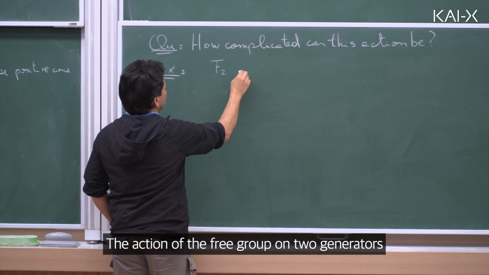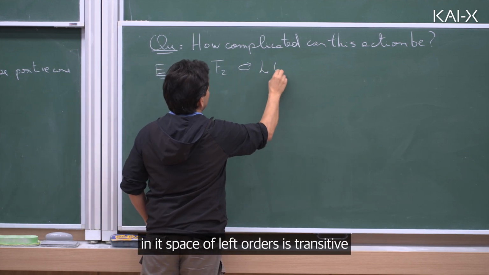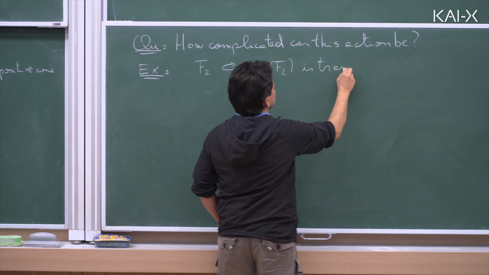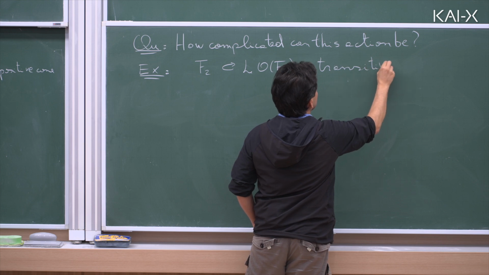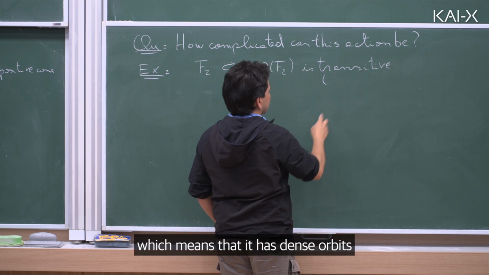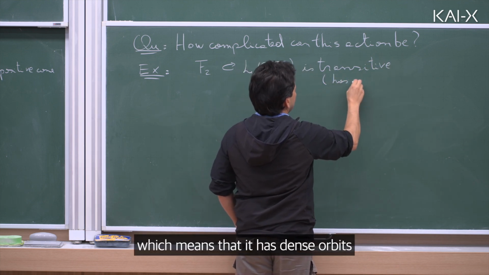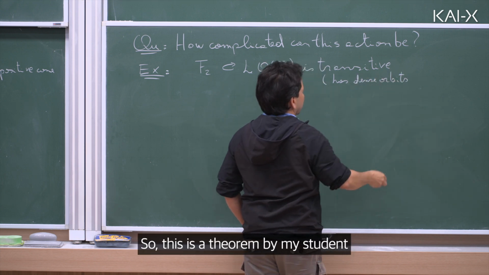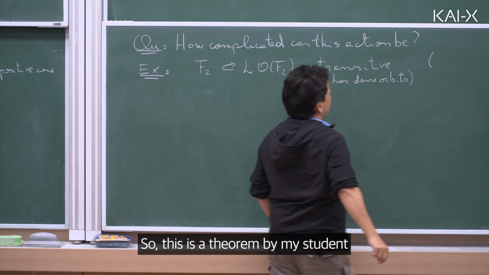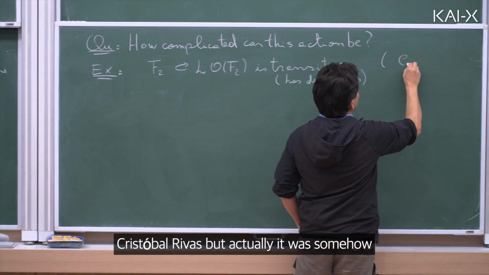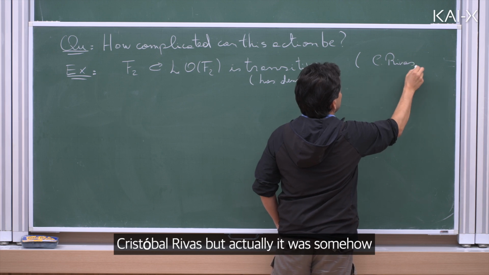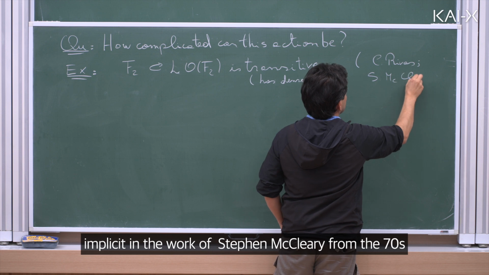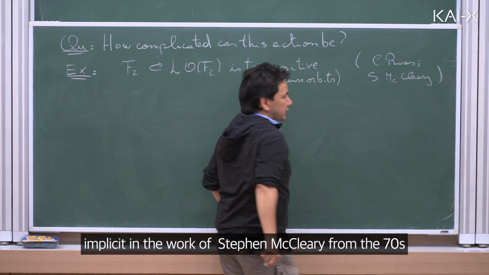The action of the free group on two generators in its space of left orders is not transitive, but it has dense orbits. So this is a theorem by my former student Cristobal Rivas, but actually it was somehow implicit in the work of Stefan McCleary from the 70s.